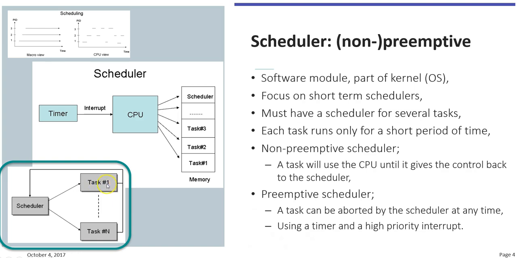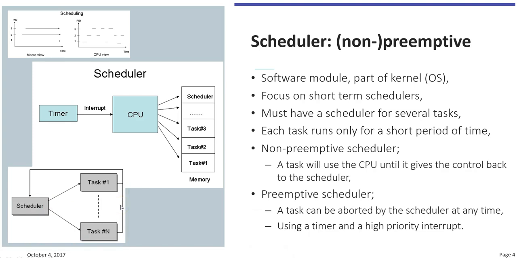And then when the task is finished, it will hand control back to the scheduler, which will figure out which task to run next. The disadvantage here is that as long as task 1 has control of the CPU, it can use the CPU as long as it wants. So it's up to how you are designing the software to be sure that you will give the control back and that you will share the CPU with all the other tasks.